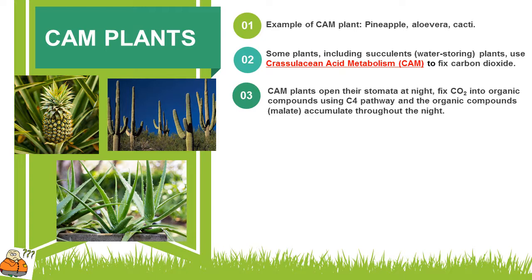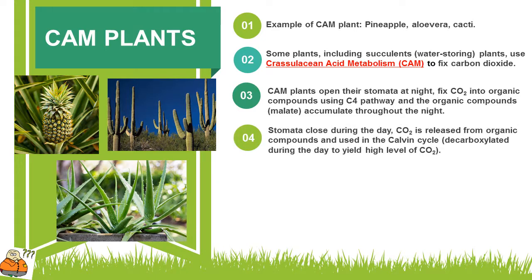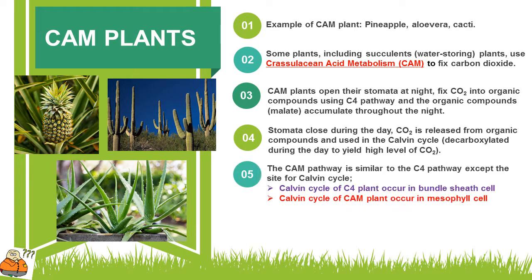When the stomata are closed during daytime, carbon dioxide is released from the organic compounds and is then used in the Calvin cycle to produce sugar. Remember, this is really important: the CAM pathway is similar to the C4 pathway, except for the site of the Calvin cycle. The Calvin cycle of the C4 plant occurs in the bundle sheath cell, while the Calvin cycle of the CAM plant occurs in the mesophyll cell.